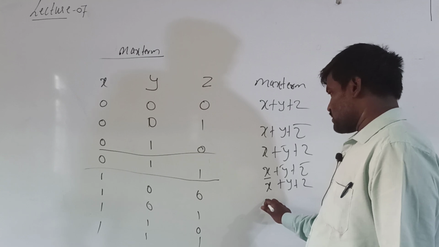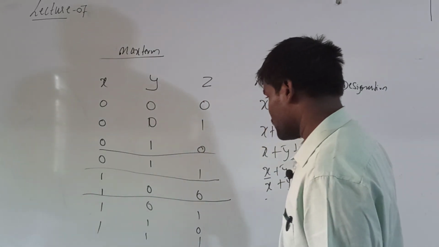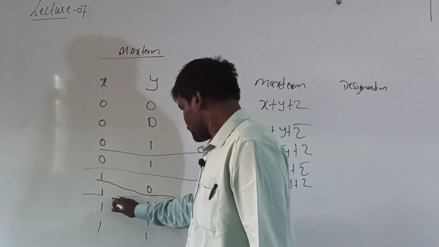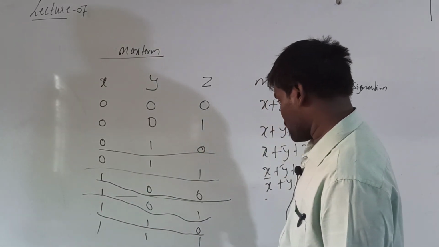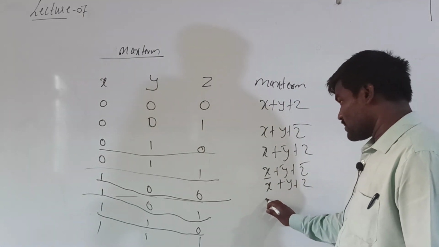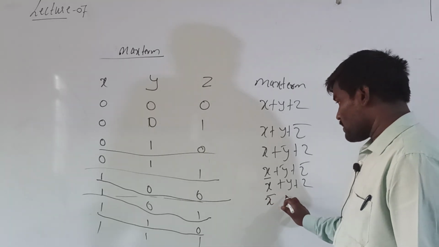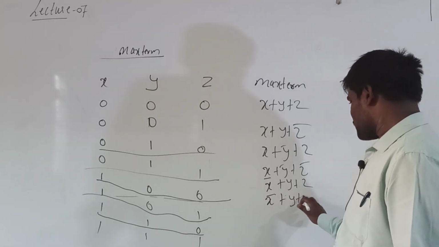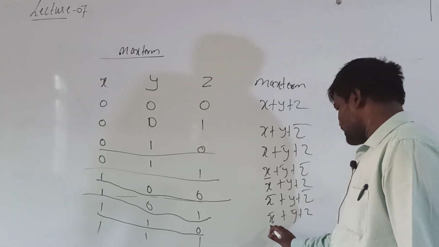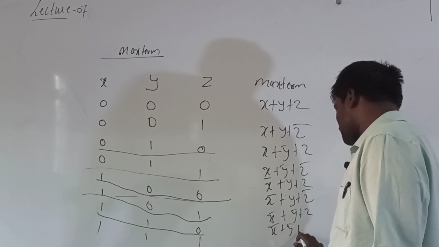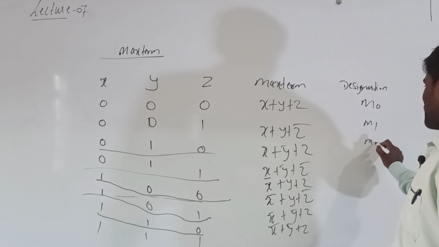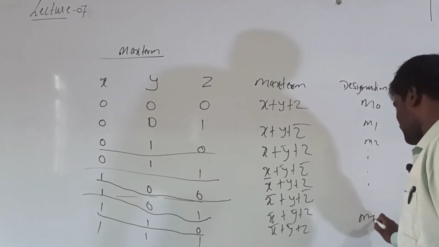Sixth one, x bar plus y plus z bar. Next, x bar plus y bar plus z. Finally, x bar plus y bar plus z bar. The designation is as it is: m0, m1, m2 up to m7.